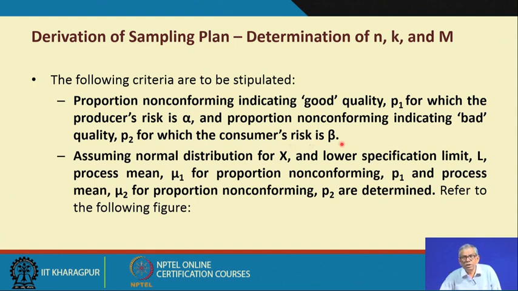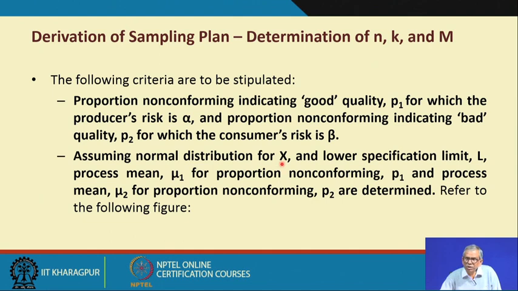That means even if the quality is very poor, there is a probability of acceptance. Whether it is avoidable or not is a different issue, but right now this has been the case. You cannot avoid it. It may be as high as 10%.